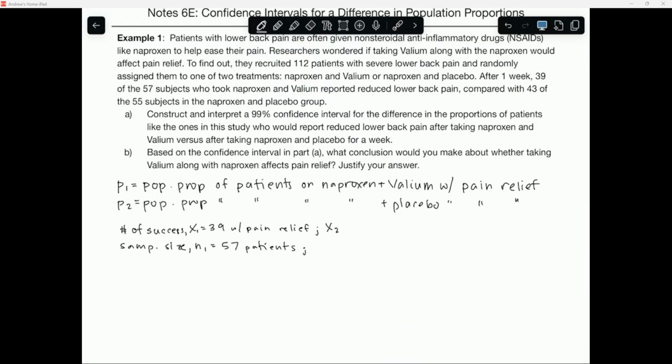For group 2, we had a sample of 55 subjects, 55 patients, and 43 of them reported pain relief.